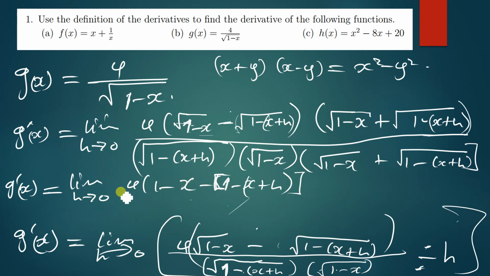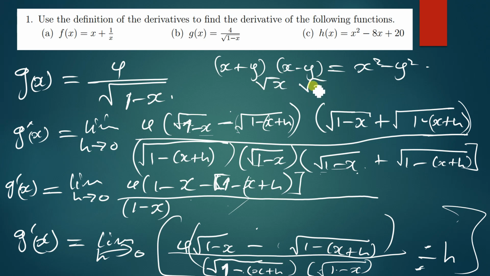And then the denominator there, when you multiply this first part times everything there, you're going to get 1 minus x, because we know the root of x times the root of x gives you what is inside, which is just x. So the root of 1 minus x times the root of 1 minus x will get that, and then this times that.